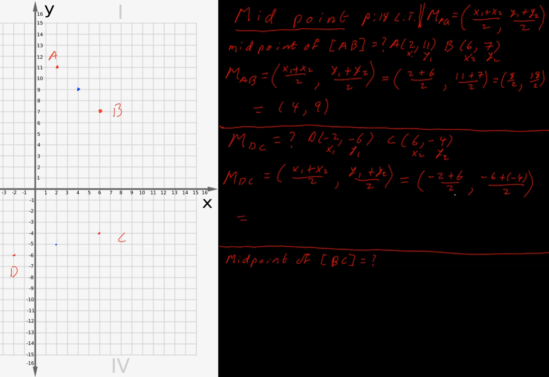When I put this into my calculator, I'm going to get 2. I can't put my comma into my calculator, so I put this fraction in individually, and I get 2. And I put this fraction in, and I get -5.